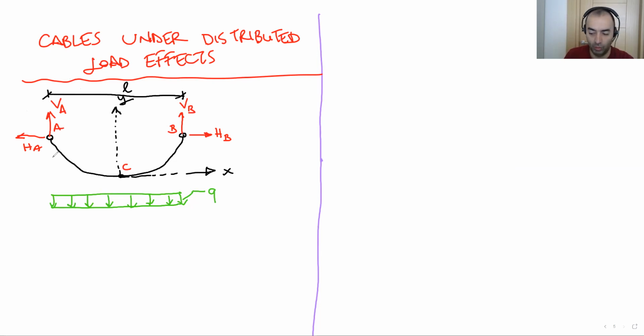Okay. Now, one more thing we need. This is the support, for example, point B, and the point C is the lowest point of the cable under this loading, right? So if we calculate this distance, this is F. L is span, F is sagging.